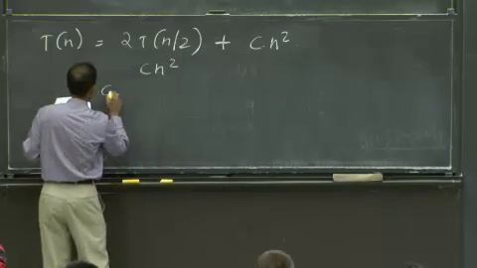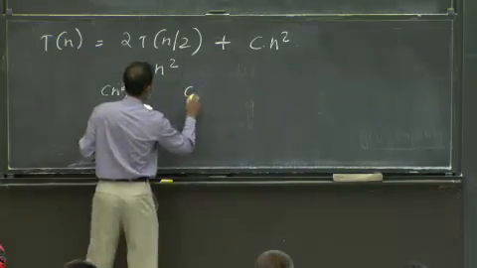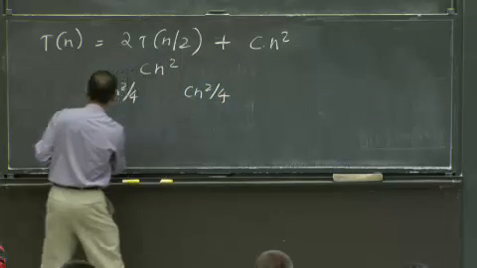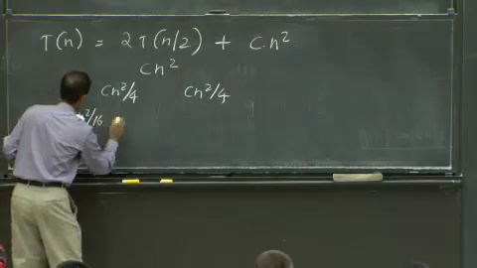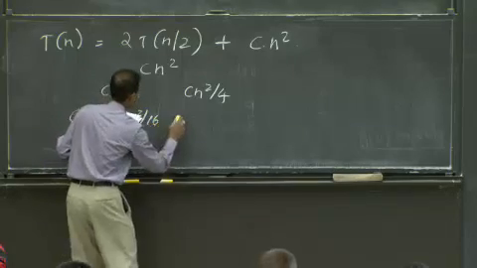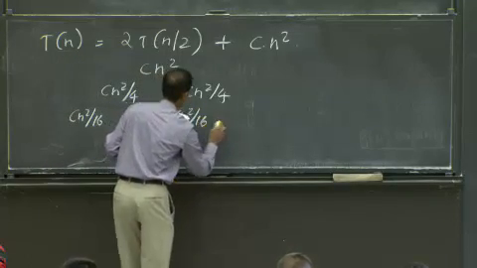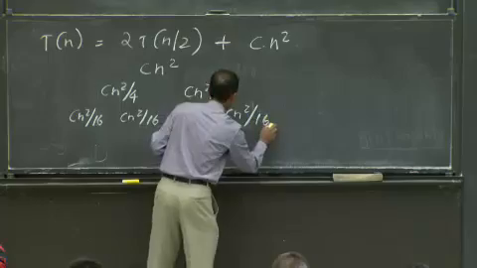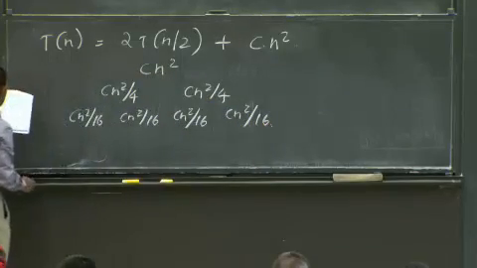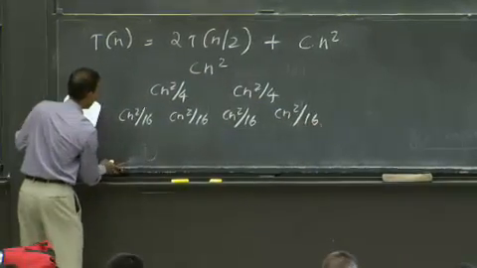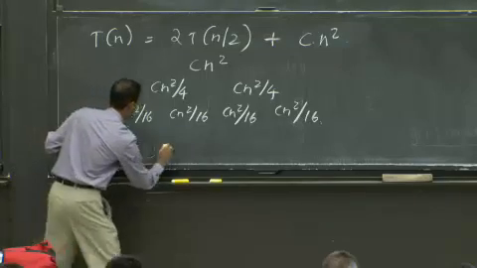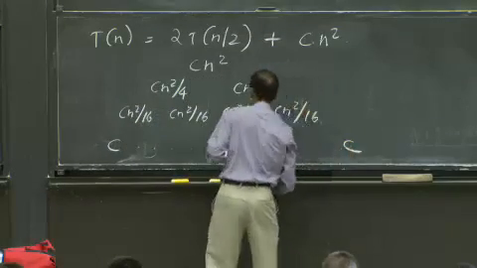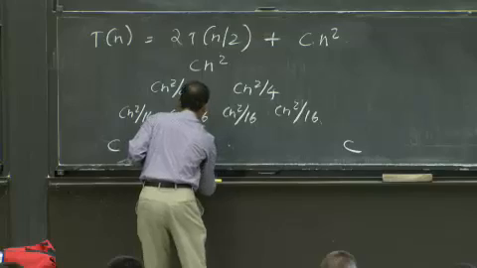Well, it looks kind of the same, obviously. You have cn squared. You have cn squared divided by 4, cn squared divided by 4, cn squared divided by 16, 4 times. Looking a little bit different from the other one. The levels and the leaves are exactly the same. Eventually, n is going to go down to 1. So you will see c all the way here.